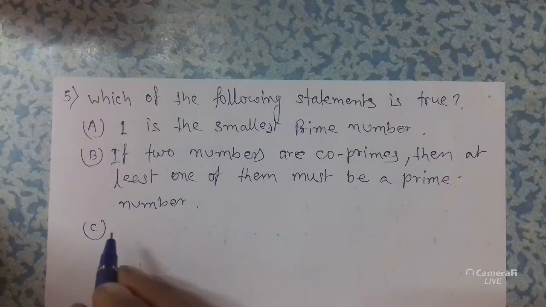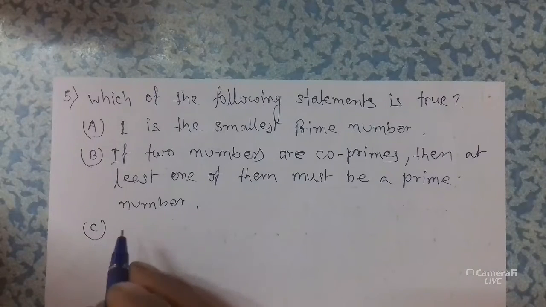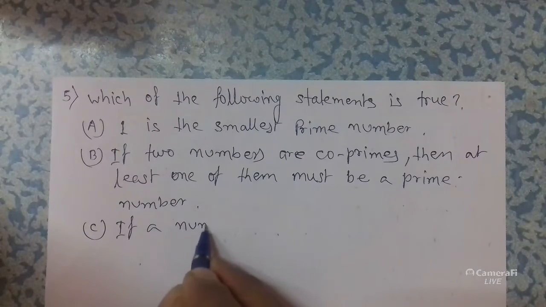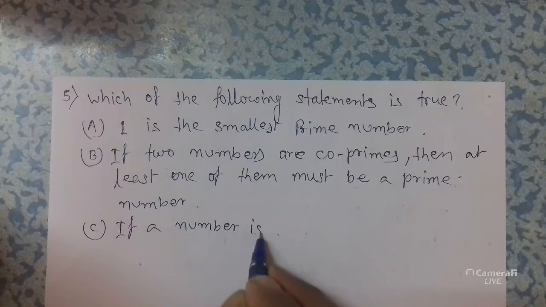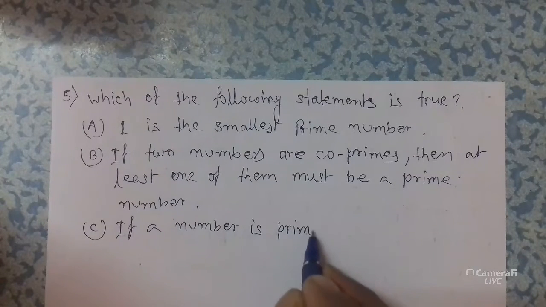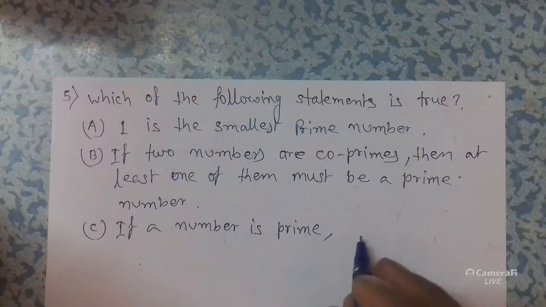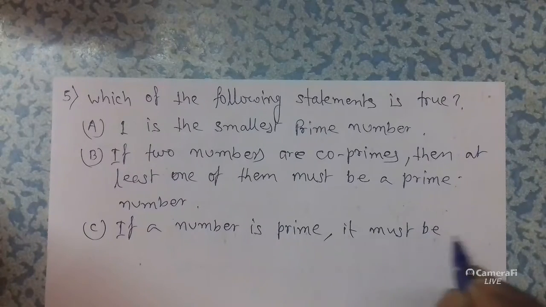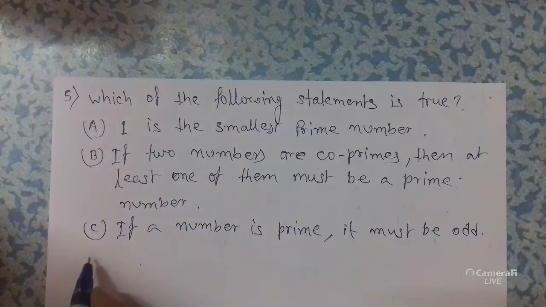Option C, if a number is prime, it must be odd.